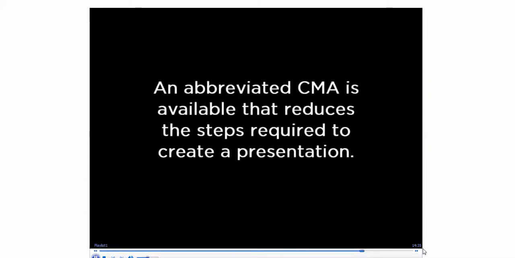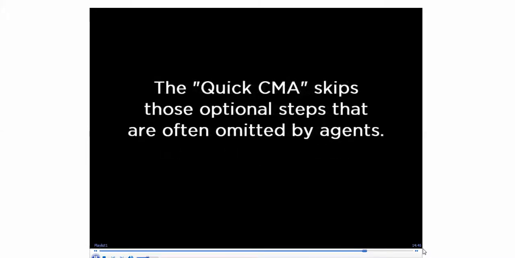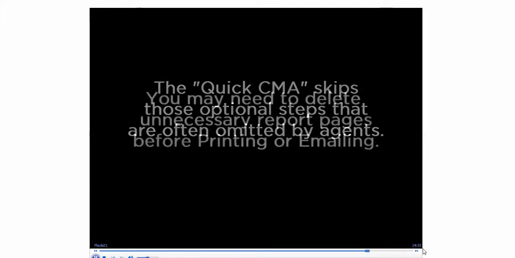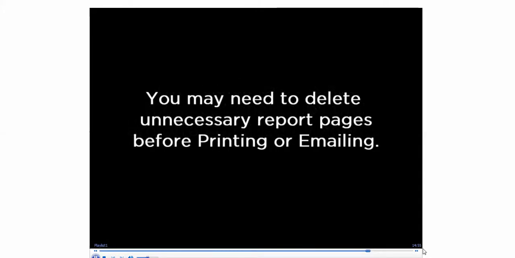An abbreviated CMA is available that reduces the steps required to create a presentation. Instead of going through all 8 steps, the quick CMA skips those optional steps that are often omitted by agents. You may need to delete unnecessary report pages before printing or emailing.